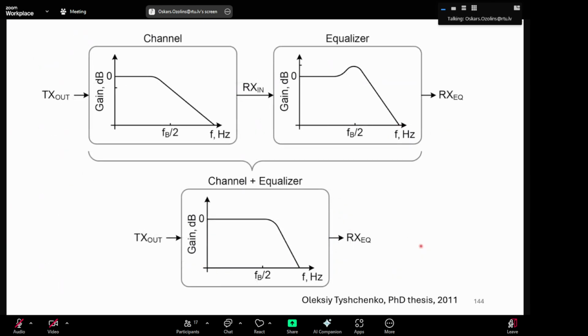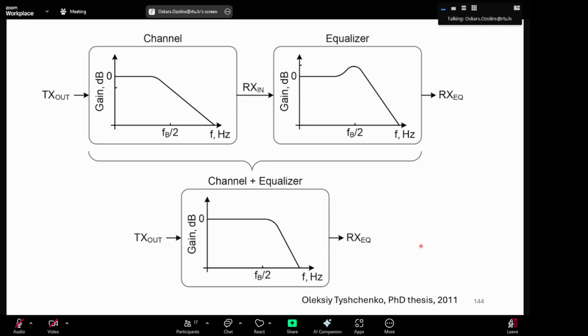So what do you do in this case? As I said, if you have a bandwidth limitation, then you can use this magic box called an equalizer. What do you do with the equalizer? You try to make the channel flatter.